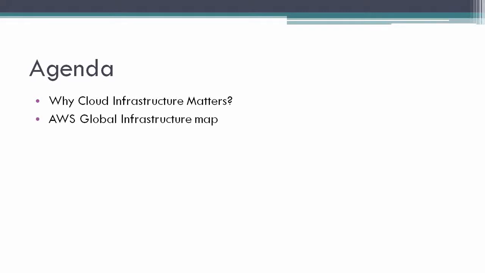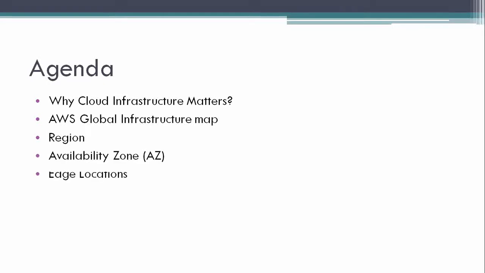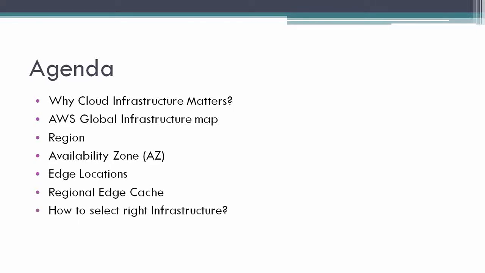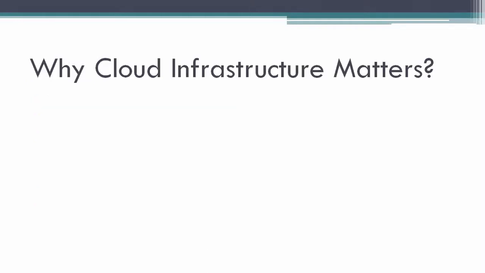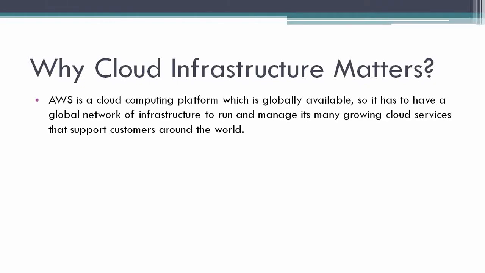We will see the AWS Global Infrastructure Map and the basic components of AWS Global Infrastructure like region, availability zone, edge locations, regional edge cache, and lastly, how to select the right infrastructure. It is some basic guideline. So now let's start with the first part, why cloud infrastructure matters.